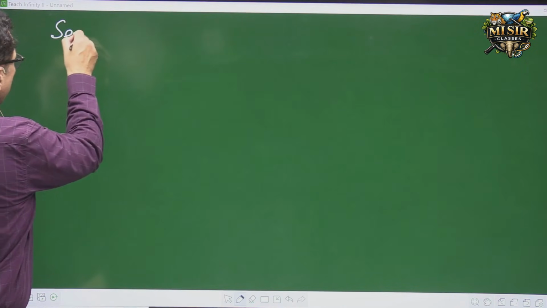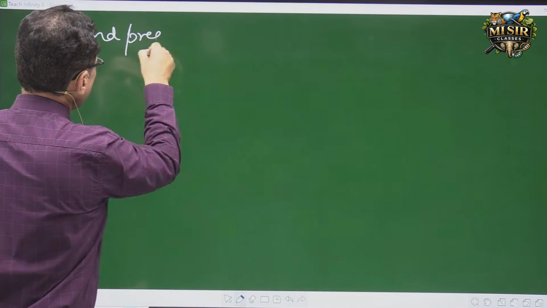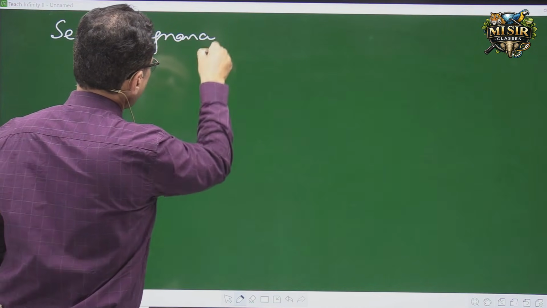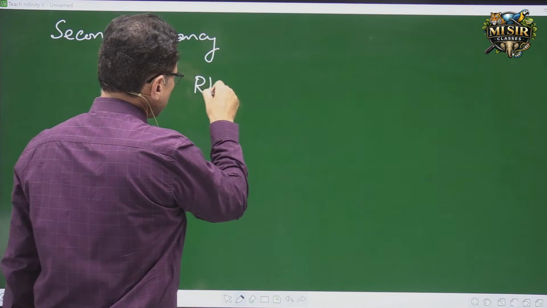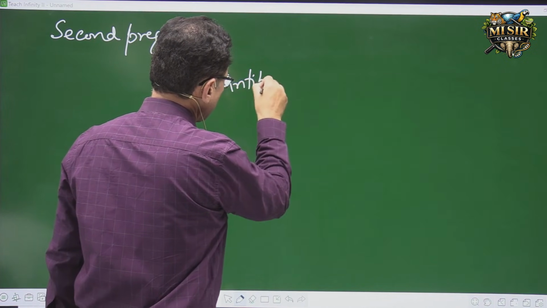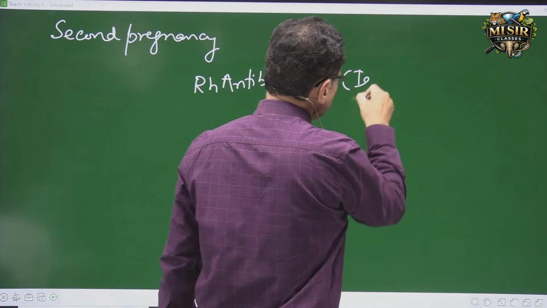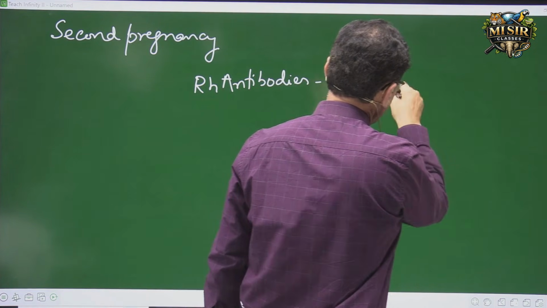What is going to happen in second pregnancy? Rh antibodies, these are IgG type of antibodies.